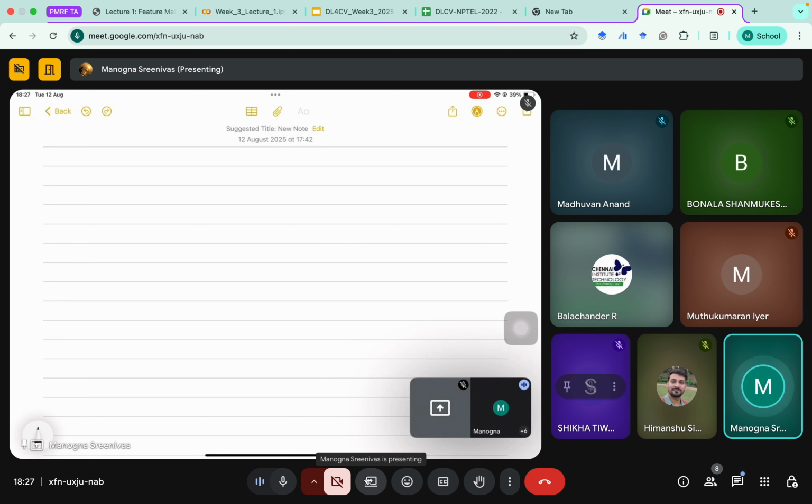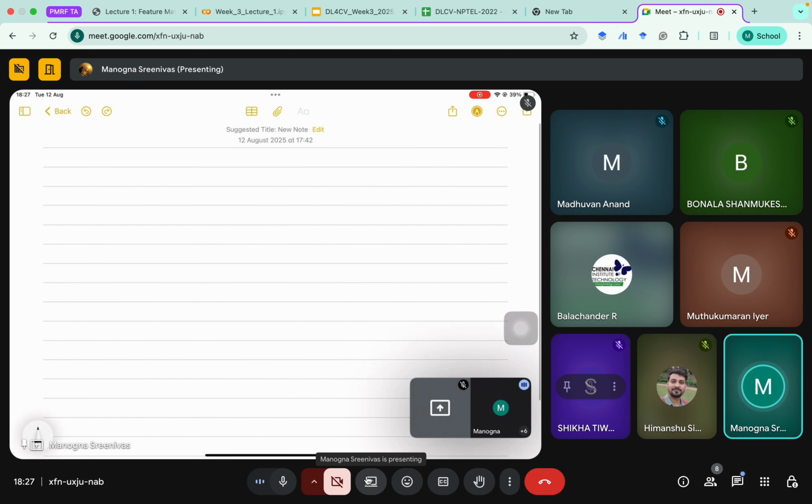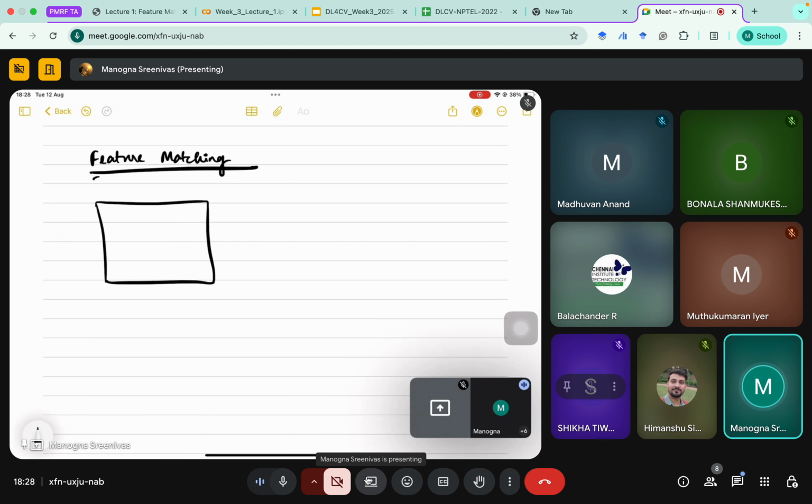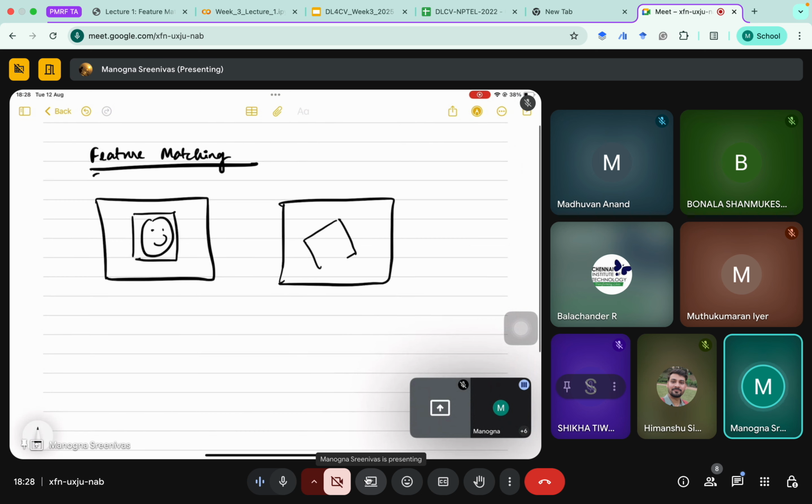So I'll now go back a bit to feature matching. Suppose, what were we doing there? Suppose we have two images, and we want to map them, right?